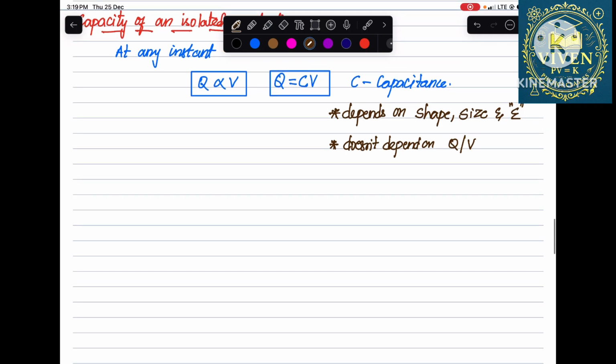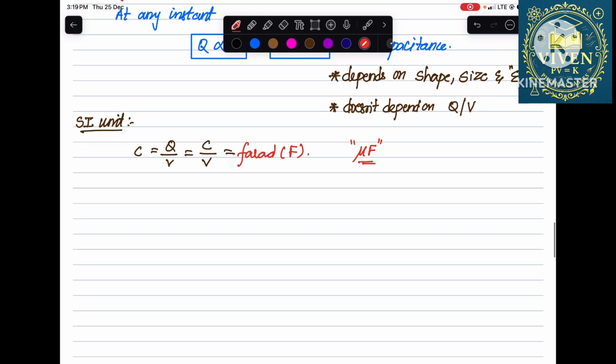And the SI unit of capacitance is given by C is equal to Q by V, which is Coulomb per volt, named Farad and denoted by capital F. Practically, the capacitance will be of microfarads.